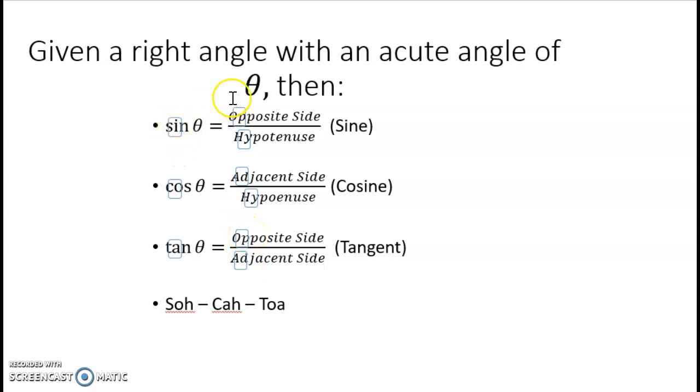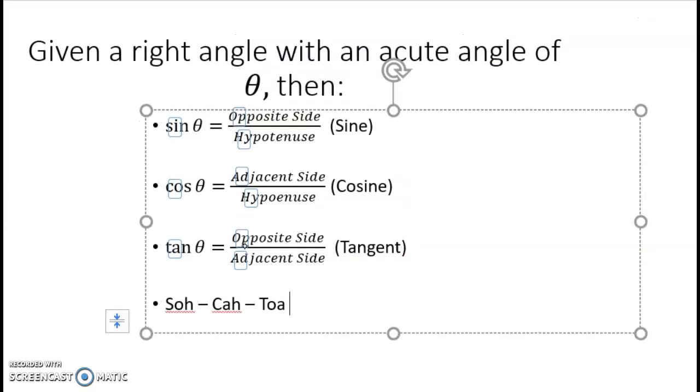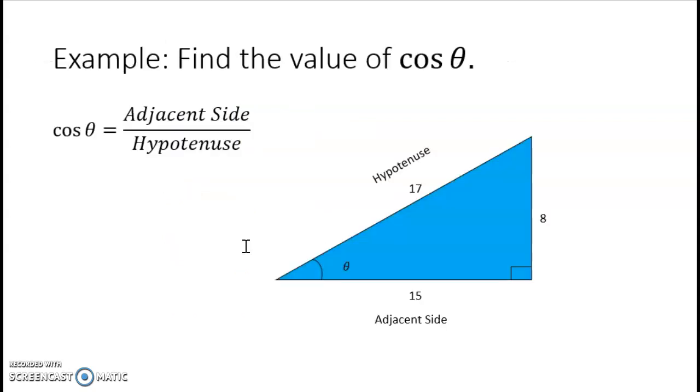If you take the S, the O, and the H, that's SOH. The C, the A, the H, that's CAH. The T, the O, the A, that's TOA. So if you remember SOHCAHTOA, that will help you remember the formulas for each of these. Remember that, and it'll help you with what is sine, cosine, and tangent.